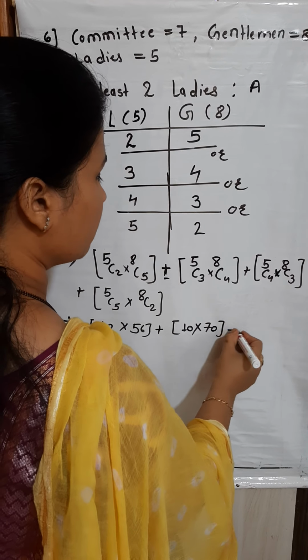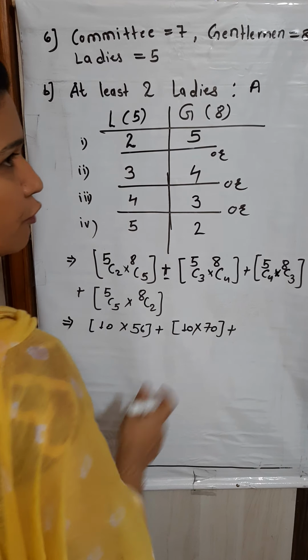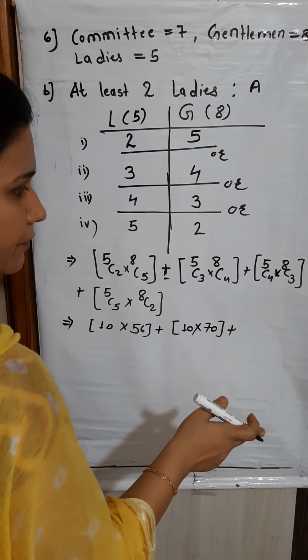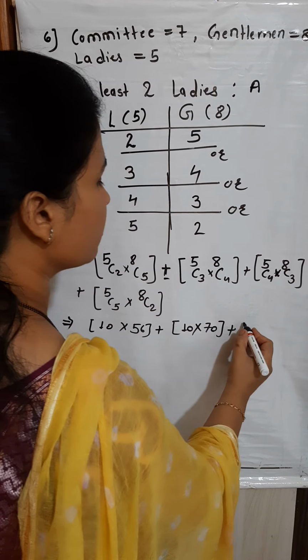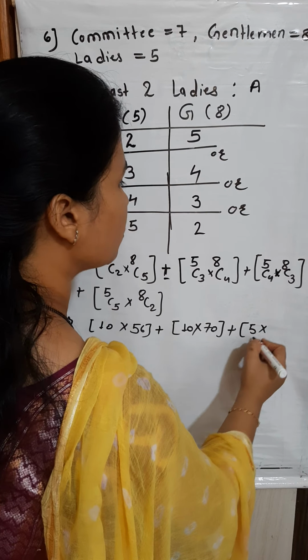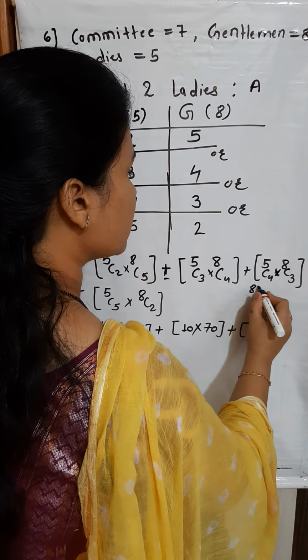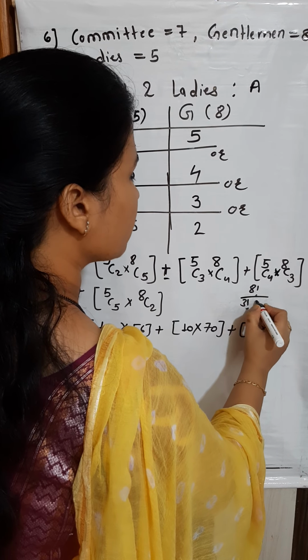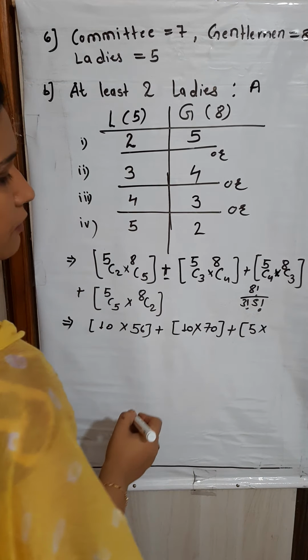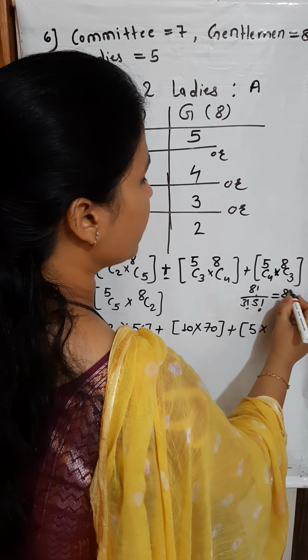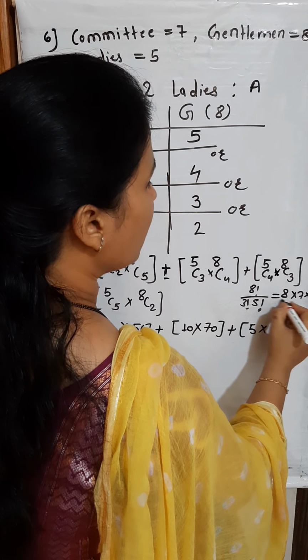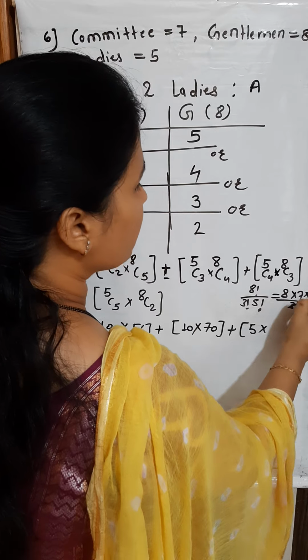Right? Now the third one. 5C4. 5 factorial by 4 factorial into 1 factorial means 4 factorial gets cancelled. Only 5 will be there. So 5 into 8C3. 8C3 means 8 factorial divided by 3 factorial into 5 factorial. If you cancel 5 factorial, then the remaining term will be 8 into 7 into 6 divided by 3 factorial. And 3 factorial itself is 6.